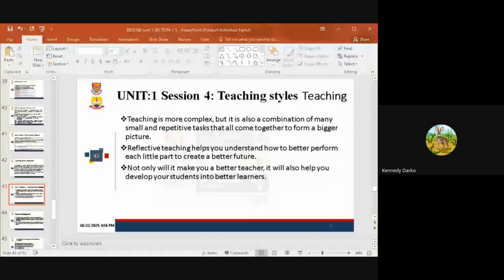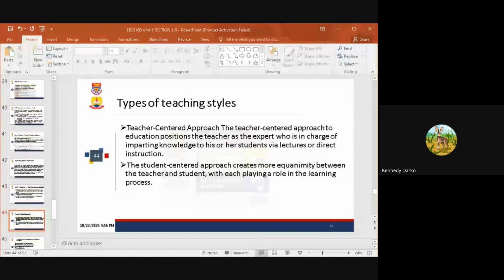Having taught, you need to reflect on what you have done, whether the concept you gave the students was understood or not, and how you can improve it next time so that you can teach it well. Not only will it make you a better teacher, it will also help you develop your students into better learners.